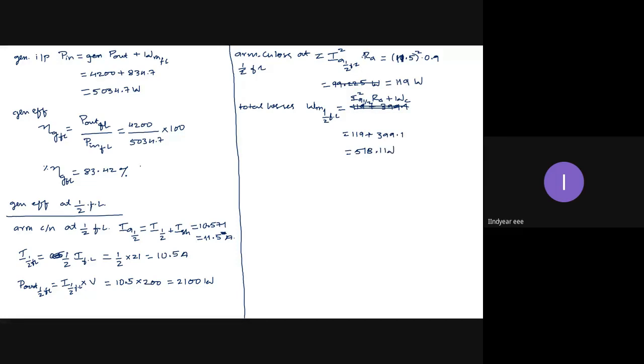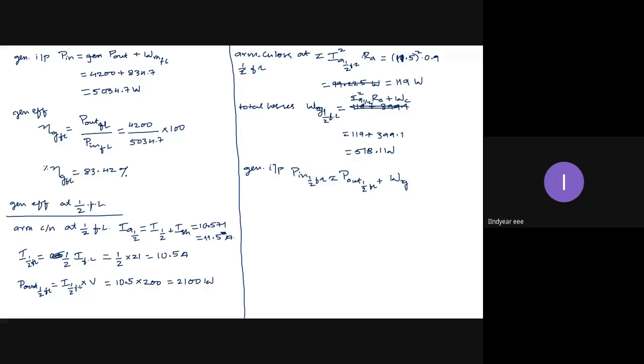Generator input, P in at half full load, equals P out at half full load plus losses. Sorry, this is WG, not WM.